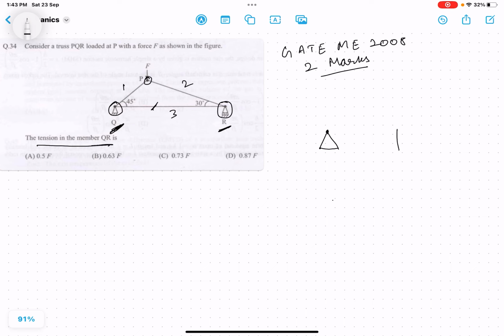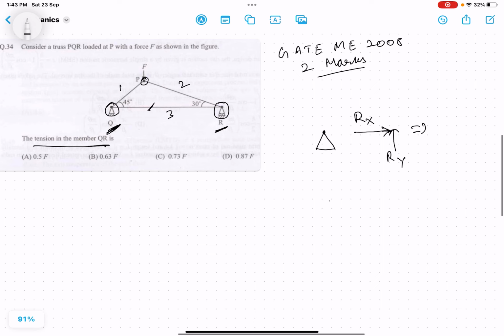So suppose this is a reaction, we will get the reaction in both directions, x and y, and the vector summation of these will give the resultant of the reaction force. This is what is applied at point Q.